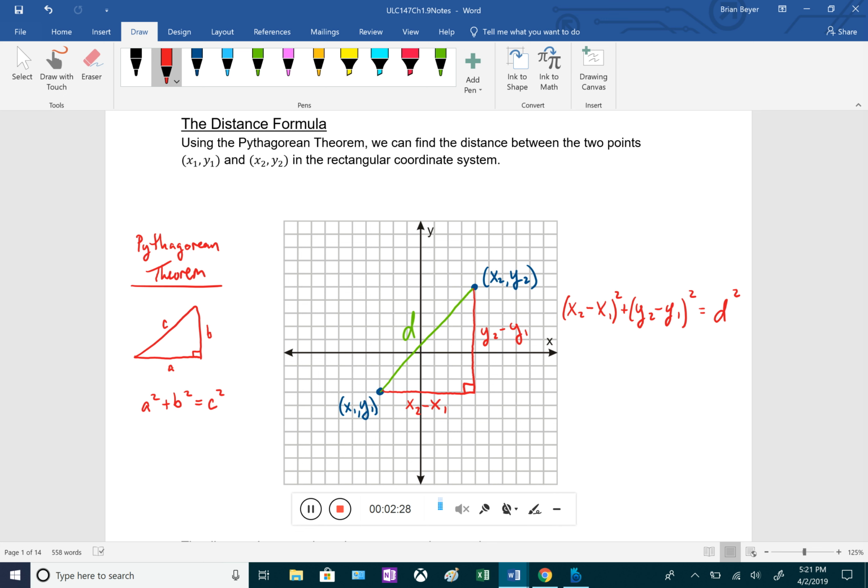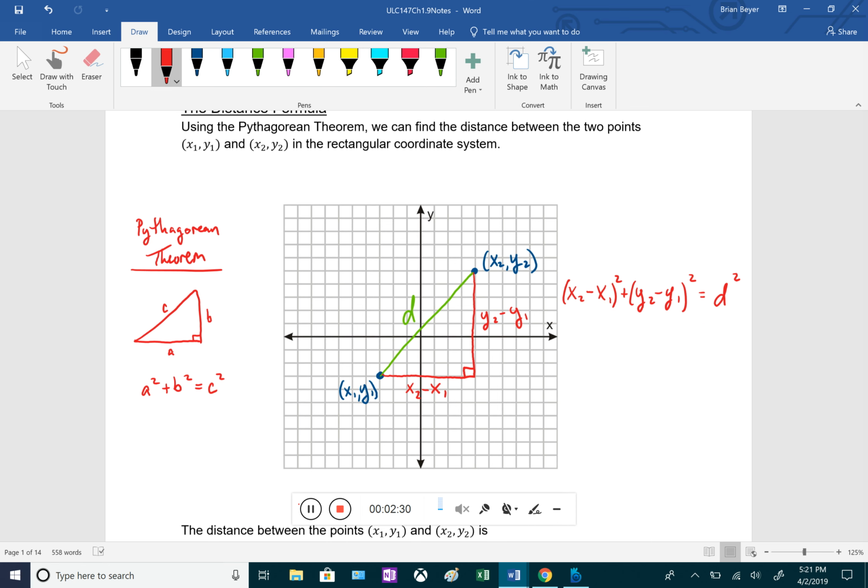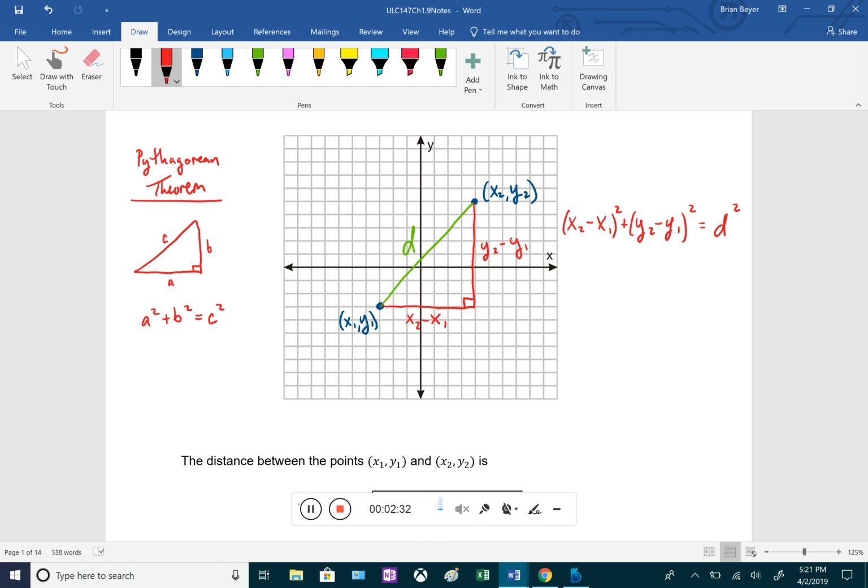Okay, so that's just a squared plus b squared equals c squared. And we could solve that by taking the square root of each side here. So it's going to be the square root of x2 minus x1 squared plus y2 minus y1 squared. And the square root of d squared is just going to equal d.